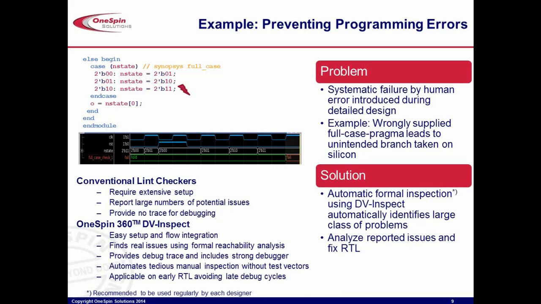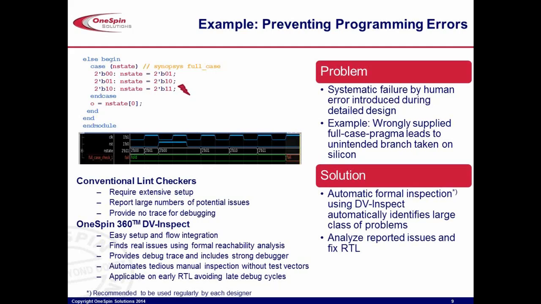Here's a bug introduced by a person, and this could cause systematic failure. For instance, a simple example: an RTL designer putting a Synopsys full case pragma there, and this is actually wrong, so this will wrongly guide the synthesis tool, and effectively what is synthesized could have a bug that is not spotted at the RTL level.